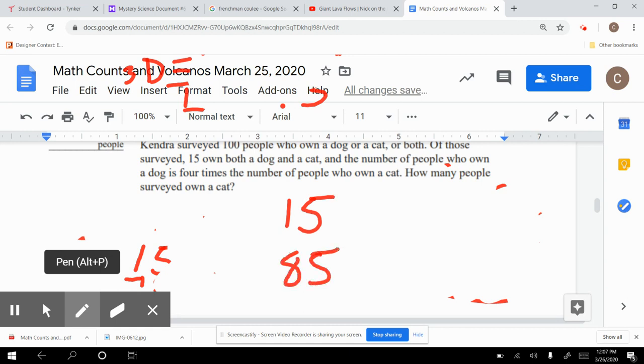And if I have 4 times more people owning dogs than cats, then I need to divide this into 17 equal parts. One part would then be cats.